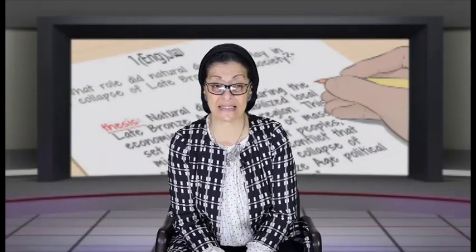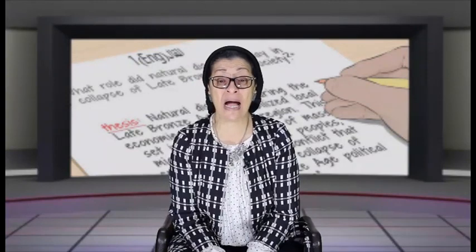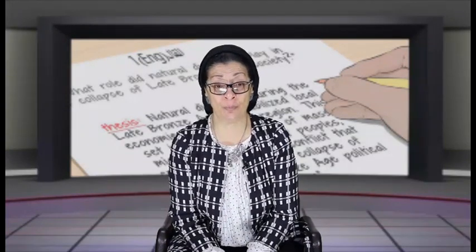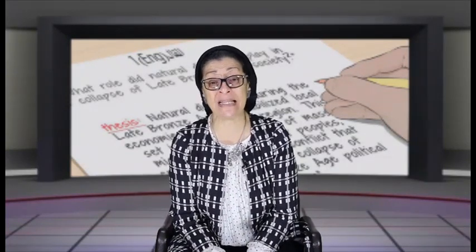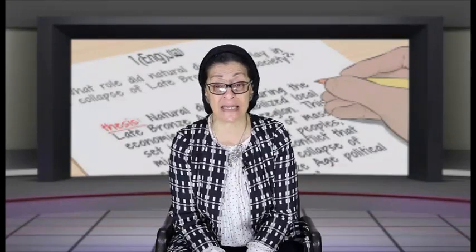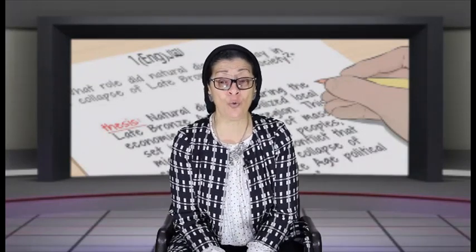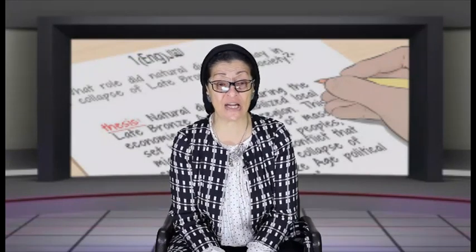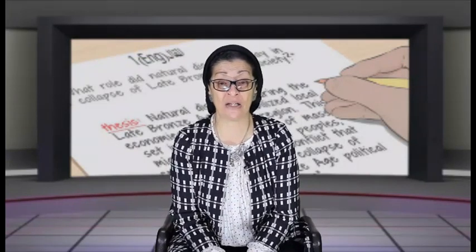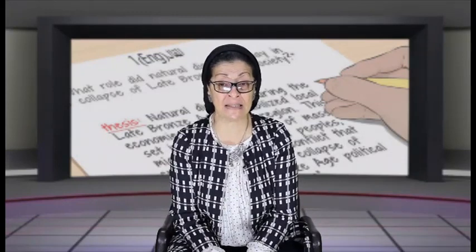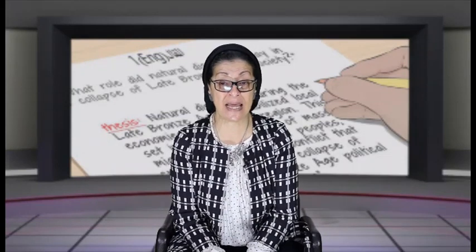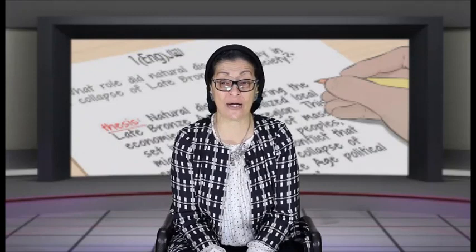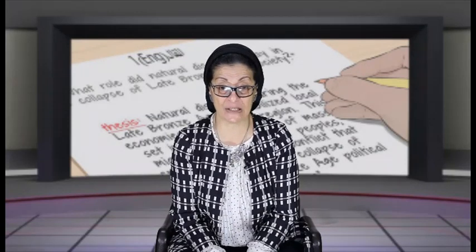969 AD. Now, I move on to argue that until then, the city was not a single unit, but a group of communities which happened to share the same location. But the founding of Al-Azhar University in 970 AD established Cairo as the center of the Muslim world.